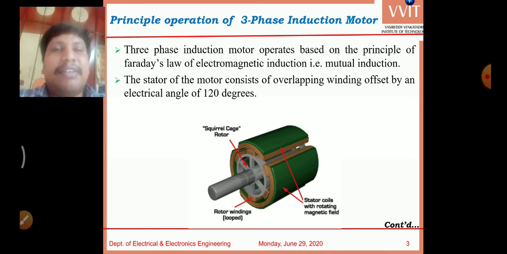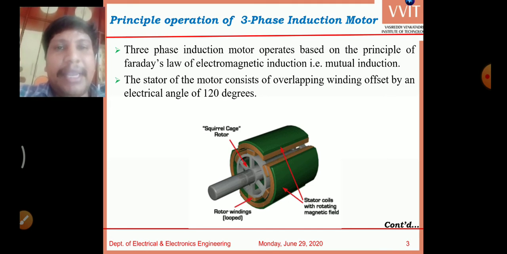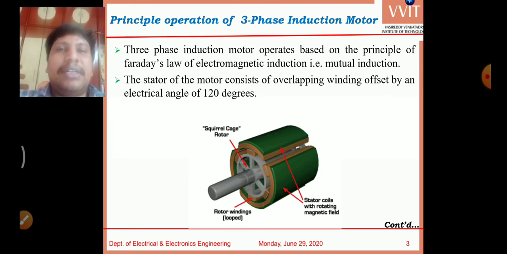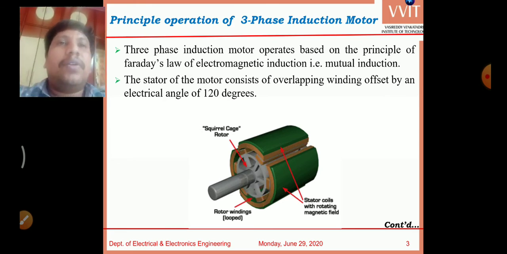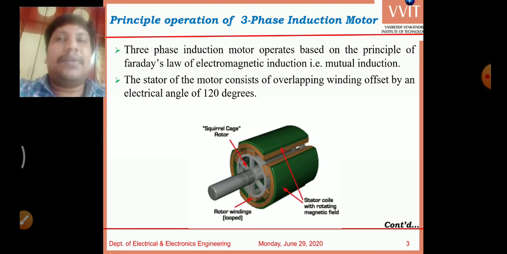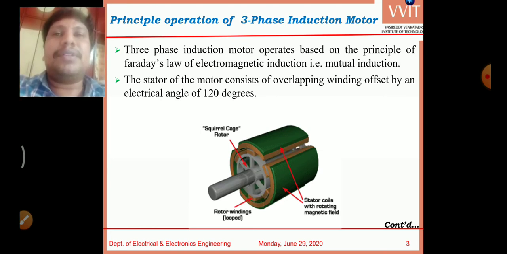In squirrel cage induction motors, the rotor bars are short circuited by end rings, forming a closed path. In slip ring type induction motors, the rotors are closed by external resistances. The rotor cuts the stator's magnetic field, an EMF is induced in the rotor copper bar, and due to this EMF a current flows through the rotor conductor.